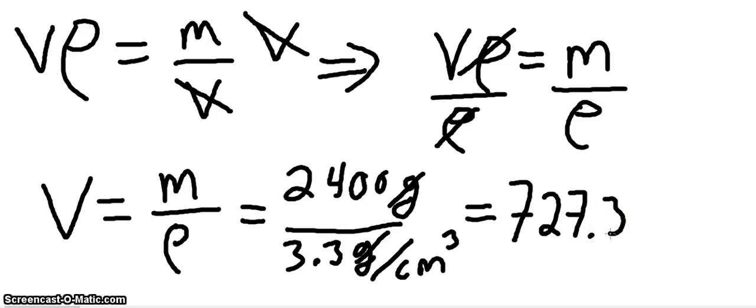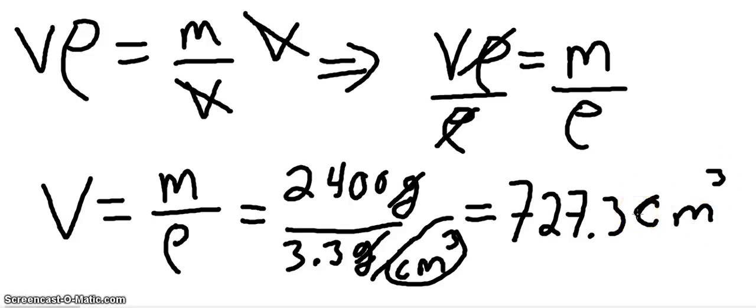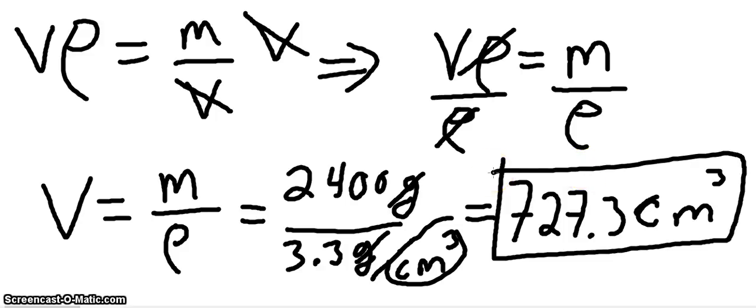And since, as I said, you have the centimeters cubed down here, that comes up to the numerator, so this becomes centimeters cubed. Here, let's make that a full cm. Alright, and so this is our answer, 727.3 cubic centimeters. Make sure that you can do that in your calculator as well.